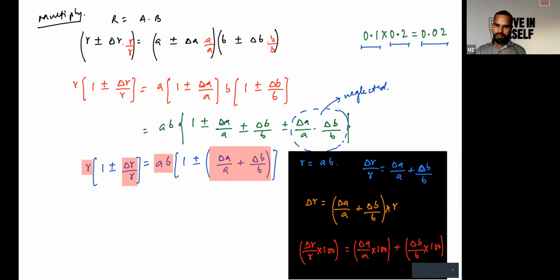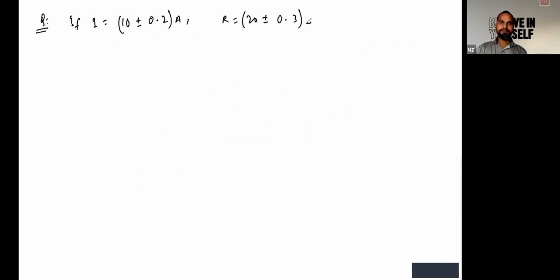I'm giving you one question related to this. If current is equal to 10 plus minus 0.2 ampere, and resistance is equal to 20 plus minus 0.3 ohm, find the percentage error in voltage.